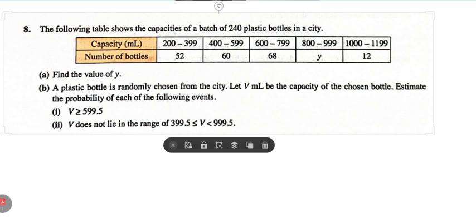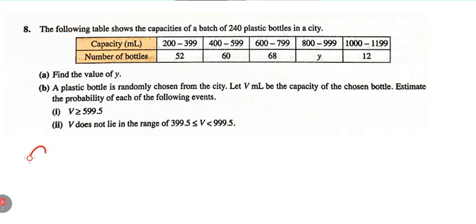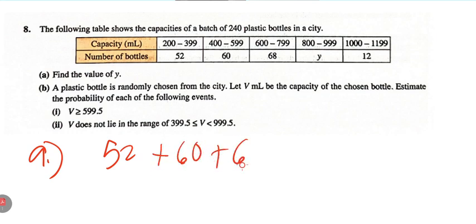Okay, so to solve for the y down here, try to remember those previous things that we solved. First, let's write out the numbers. The number of bottles for A is 52 plus 60 plus 68 plus y plus 12.